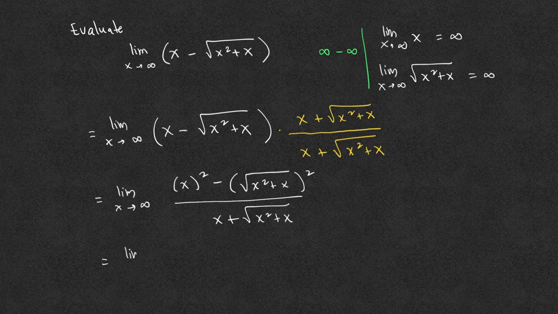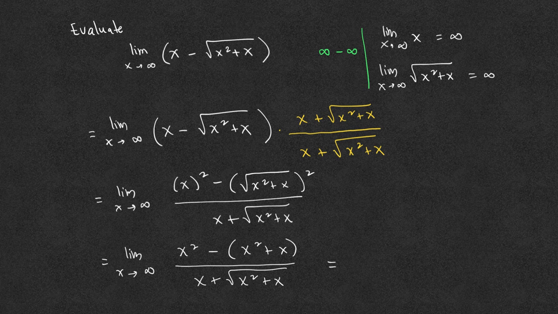We then simplify the numerator to have x squared minus the quantity x squared plus x, over x plus the square root of x squared plus x. And then we distribute the negative sign in the numerator to have x squared minus x squared minus x, and the denominator is still x plus the square root of x squared plus x.